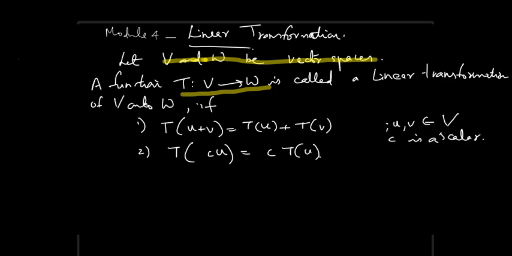A function T from V to W is called a linear transformation from V to W if it satisfies two conditions. Which are the two conditions?